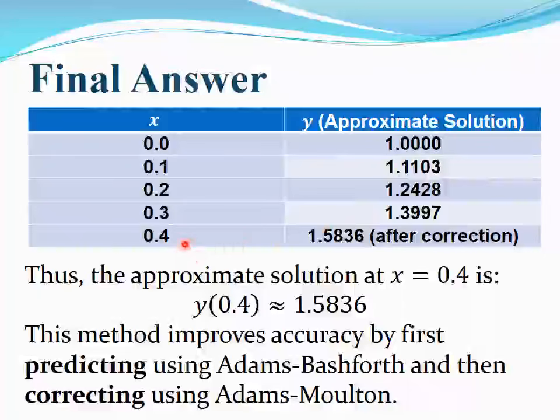Thus, the approximate solution at x equal to 0.4 is 1.5836. This method improves accuracy by first predicting using Adams-Bashforth and then correcting using Adams-Moulton. This is your answer.